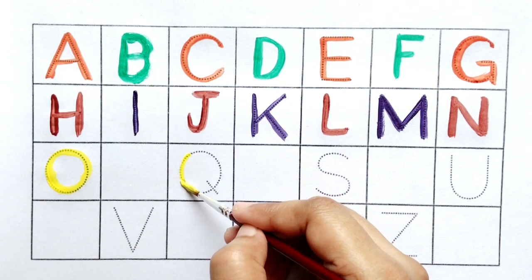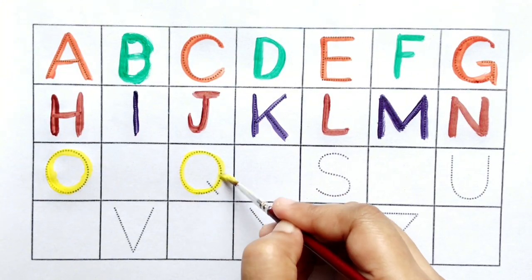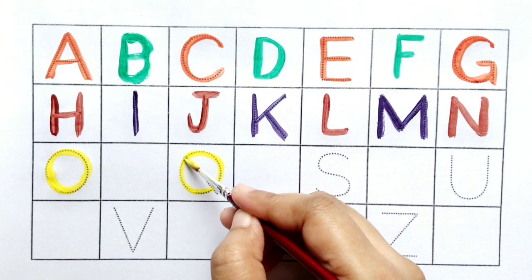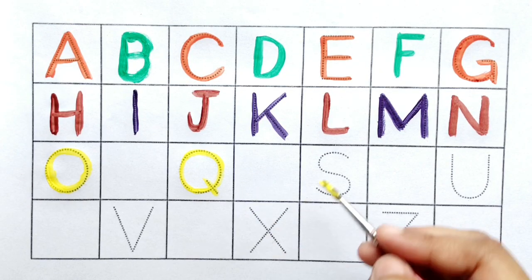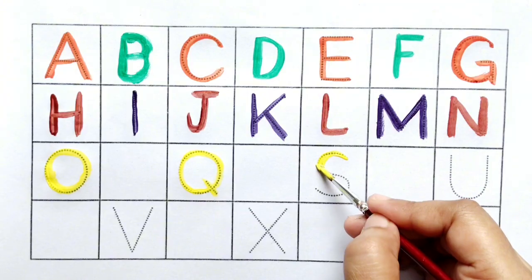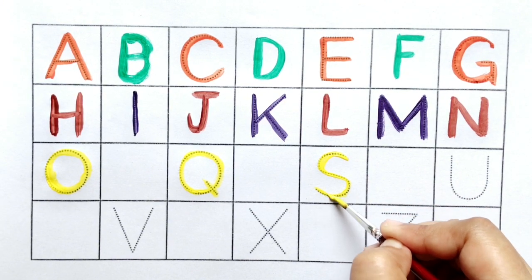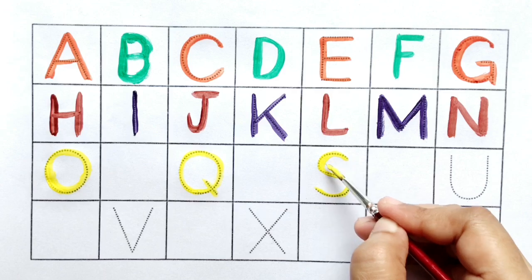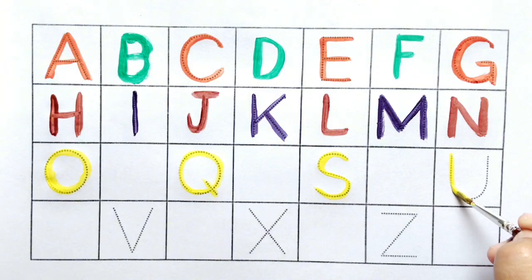Q for queen. S for snow. U for umbrella.